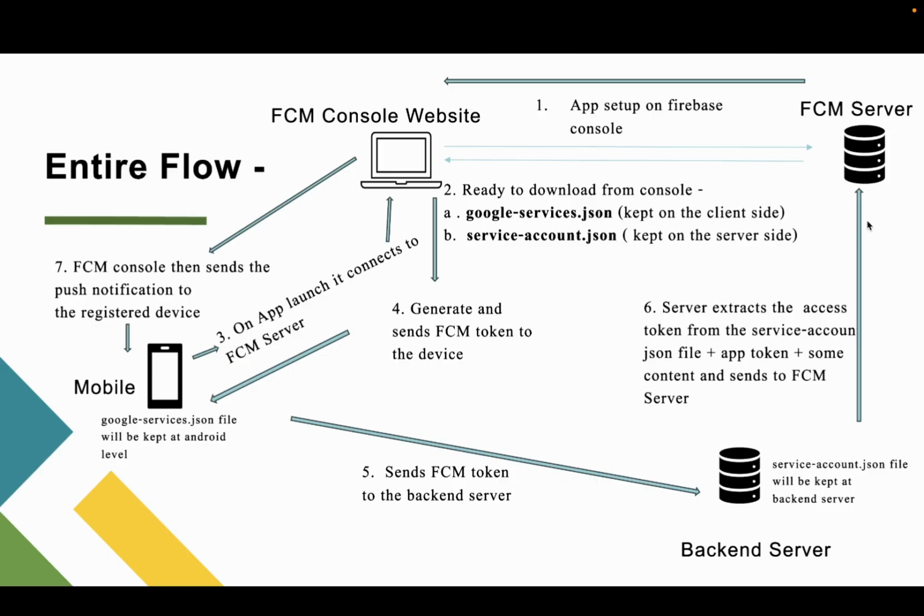Now how will the FCM server know that this is coming from a genuine server? It is because of the service account JSON file, which holds all the relevant information that is needed to connect with the FCM server. Once the FCM server receives all of this information, it is going to send that notification to the mobile device, and once the mobile device receives it, it is going to send it to the Android device.